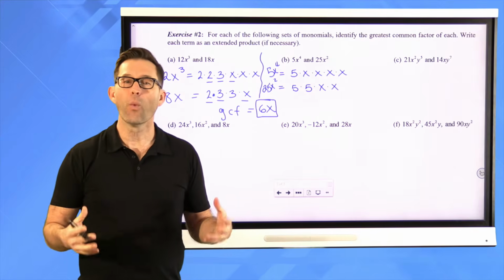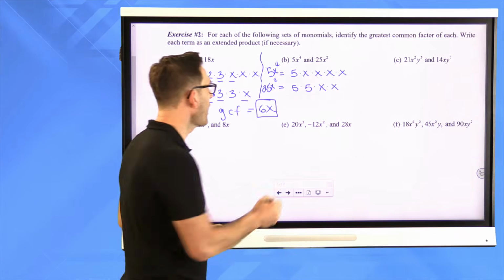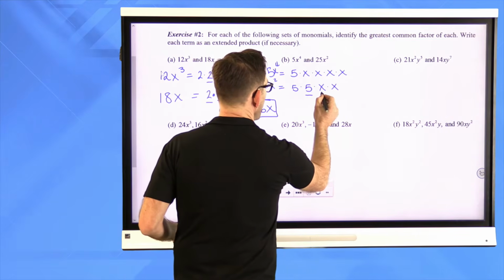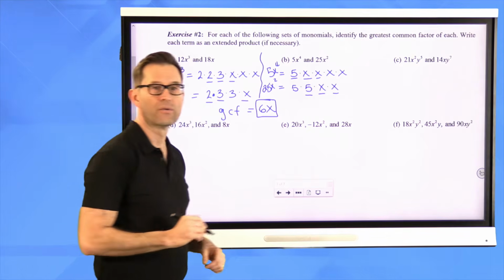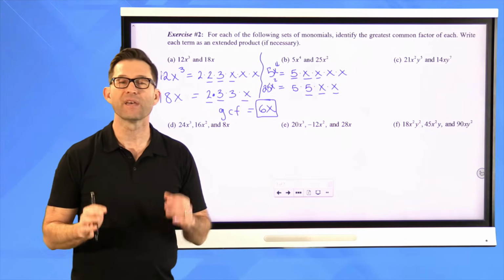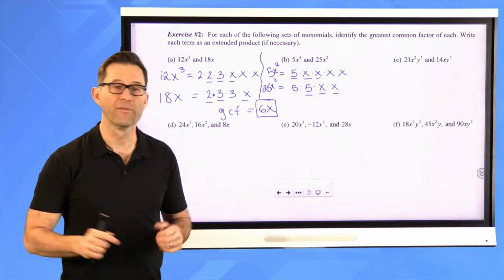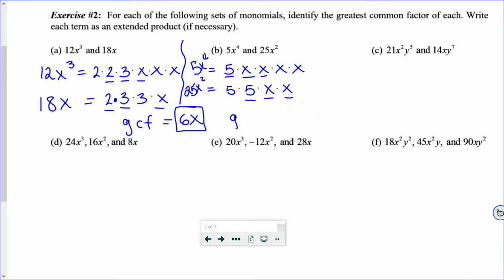Right? So what is common to both of them? Well, obviously a single 5 is common to both of them, as are 2 x's. Right? So I have a 5 times x times x, which is common to both of these, and therefore the GCF is 5x squared.